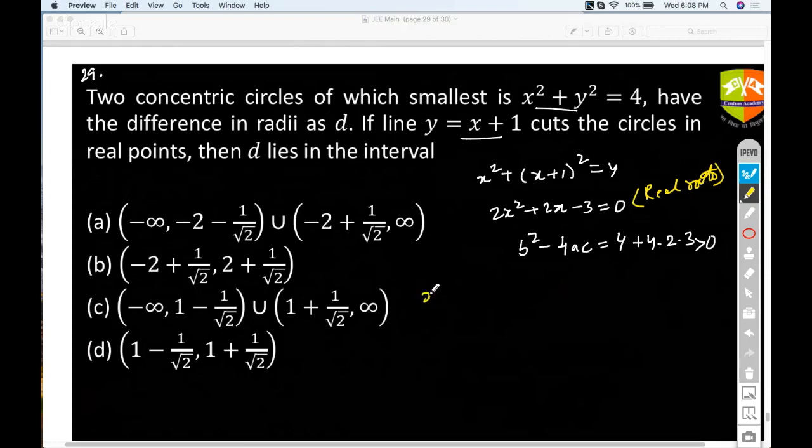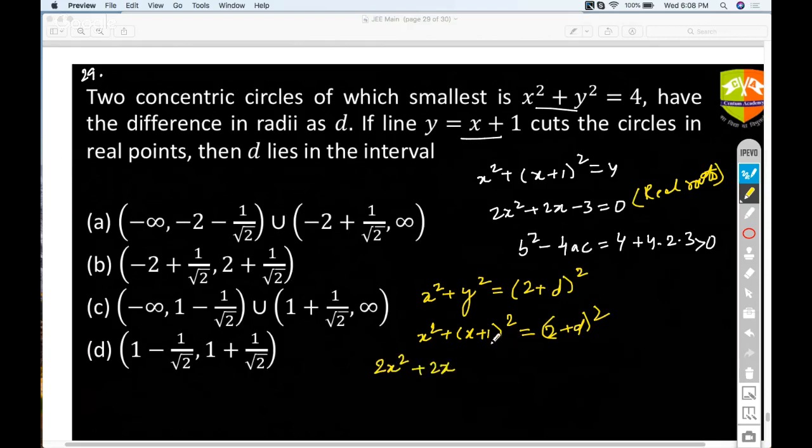Now, let's say the other circle is x square plus y square is equal to (2 plus d) square. Okay, difference in radius is d, so 2 plus d square. So in this case, if we substitute y with x plus 1, you end up getting this. So that's going to give you 2x square plus 2x plus 1 minus (2 plus d) the whole square equal to 0.